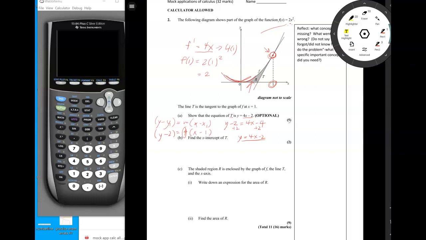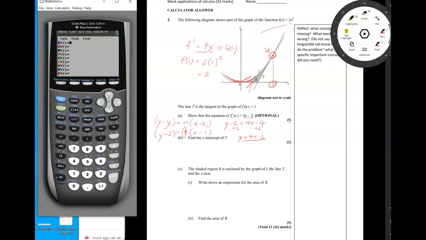Find the x-intercept of t. Okay, so this we could do with the calculator. So I'm just going to put 4x minus 2 in the calculator, and then I'm going to graph it. And then I'm going to do the x-intercept function, which is second calc 0, which is option 2.